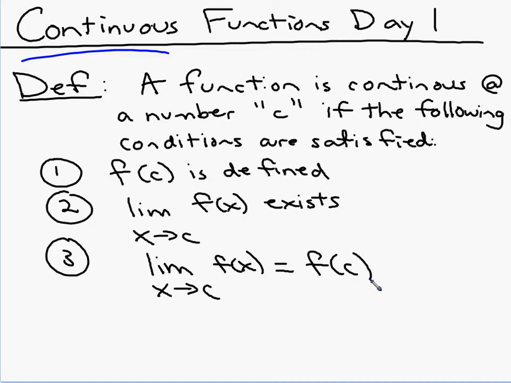So, sometimes this is really obvious, but let's just look at a very simple example and show how it meets these three requirements. Let's just talk about a function, a straight linear function, something like 3x minus 5. And we know what this looks like.